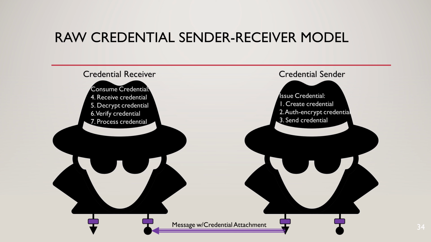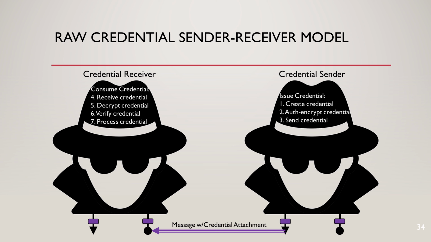We have the credential sender DIDComm agent on the right and the credential receiver DIDComm agent on the left. We'll go through the 7 steps that the sender and the receiver use to both send a DIDComm message that has a credential attachment, as well as receive and process that credential.